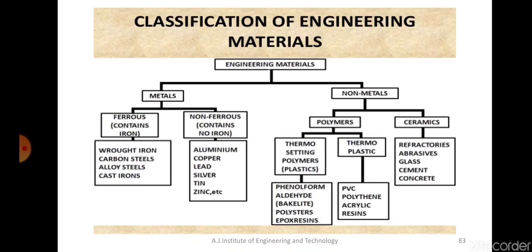Now what do you mean by ferrous material and non-ferrous material? The name itself suggests: ferrous means iron. The materials which contain iron are called ferrous materials, and the materials which do not contain iron are called non-ferrous materials.